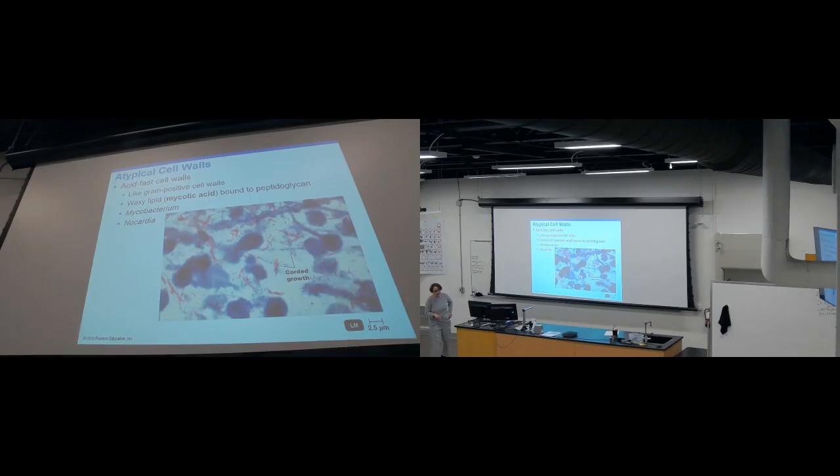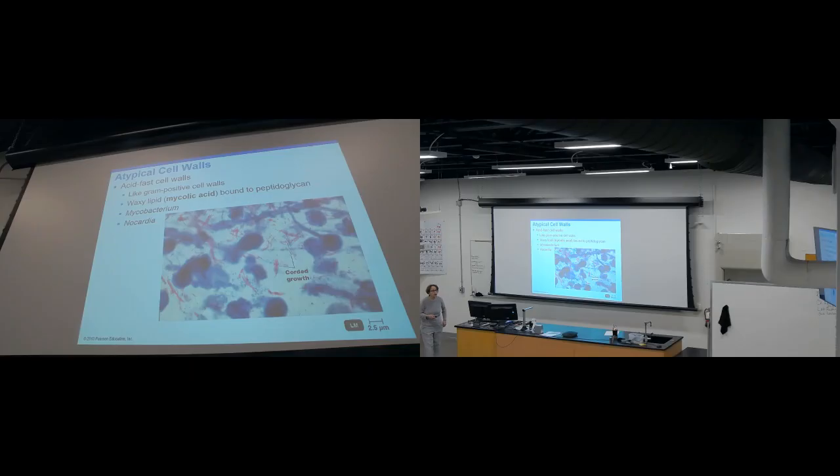Now, some microorganisms do not stain with the gram staining technique, either because they have a thick mycolic acid wall, like Mycobacterium species, or because they do not have a cell wall, like Mycoplasma, or because they have a different component in their cell wall. In this case, you call it atypical cell walls.